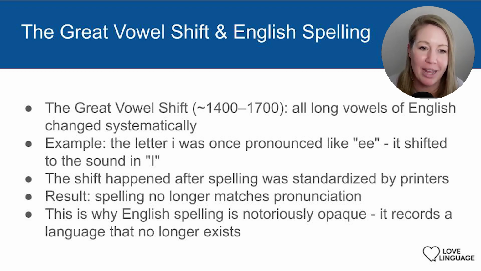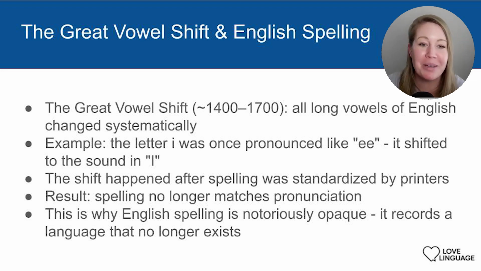The vowel that had been pronounced like ah moved towards a, and a moved towards e, and e moved towards I. They were shifting, right? And if you're familiar with how vowel sounds are produced in our mouth, the shift went from lower to higher vowels, the Great Vowel Shift. It was a massive cascading reorganization of the English vowel system, and it happened gradually over about 3 centuries.